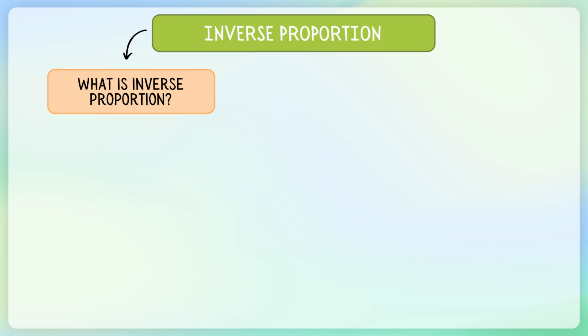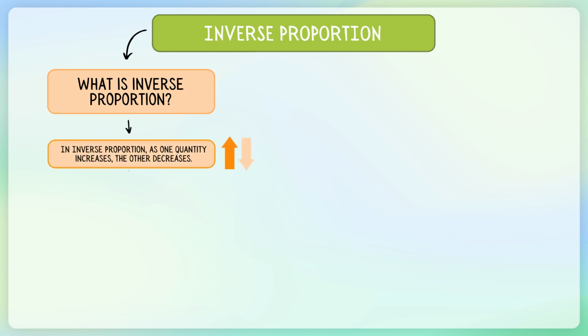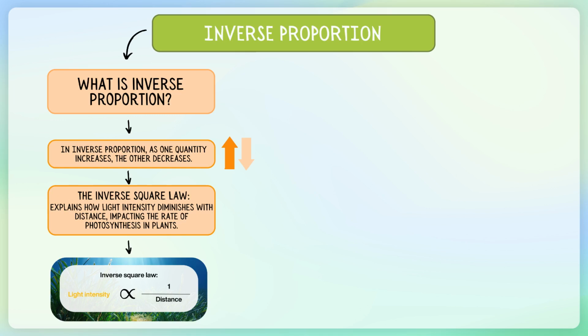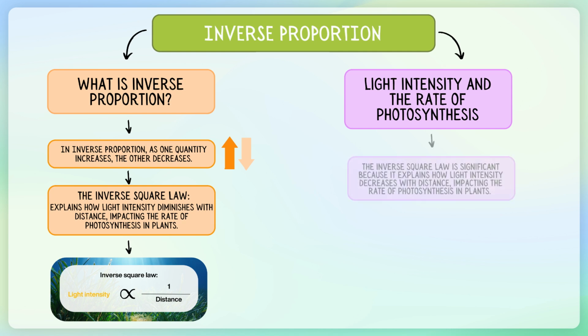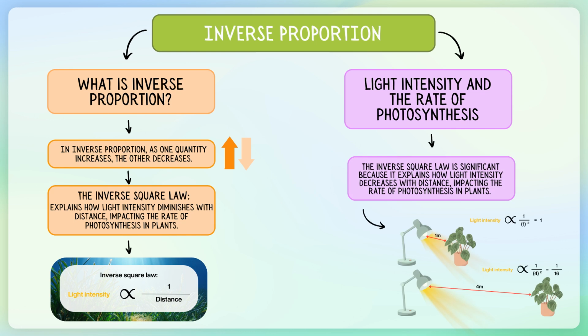We began by understanding that in inverse proportion, as one quantity increases, the other decreases. We then looked at a specific example of this in the inverse square law. This relationship is fundamental in many biological processes, including photosynthesis, where light intensity plays a crucial role. This law is significant because it explains how light energy diminishes with distance, impacting the rate of photosynthesis in plants.